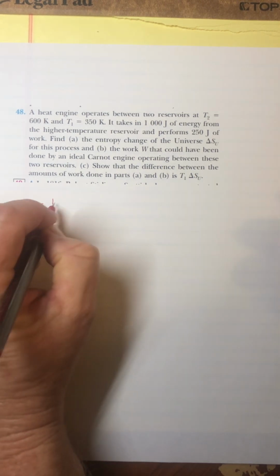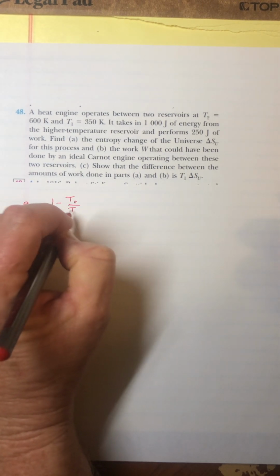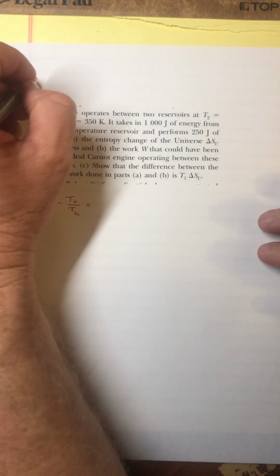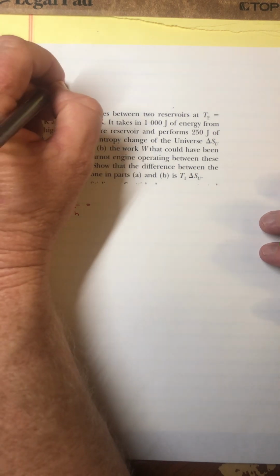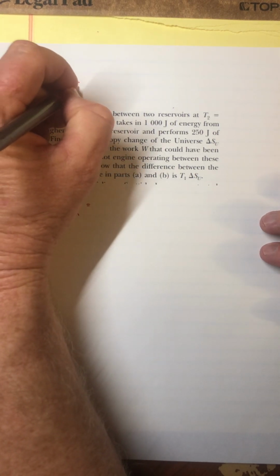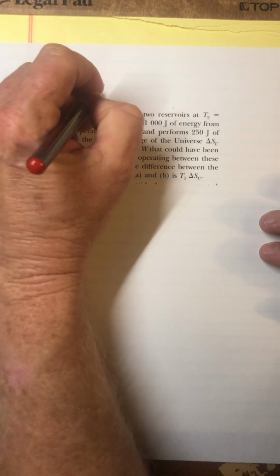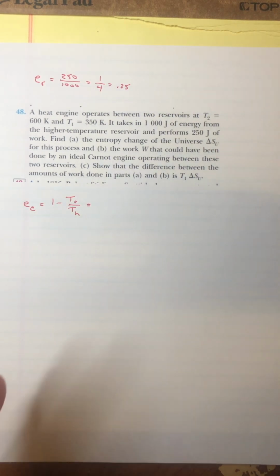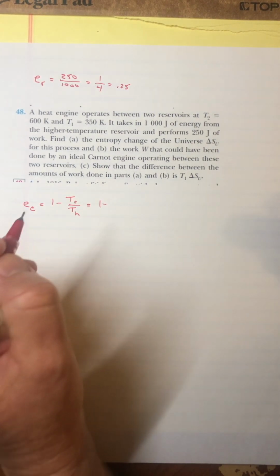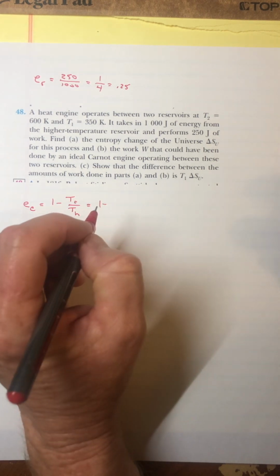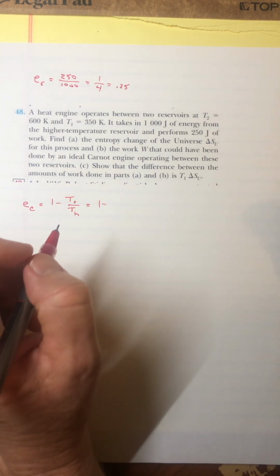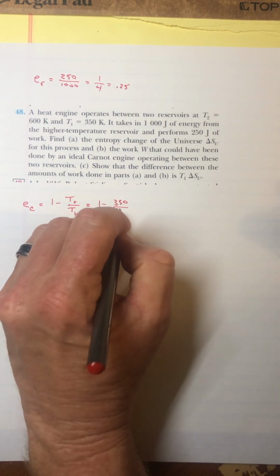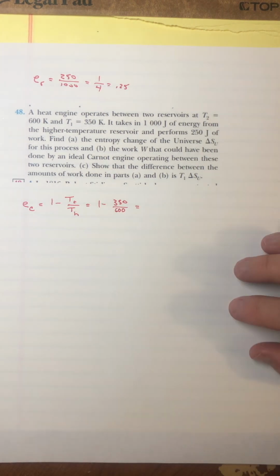So if I just did a quick calculation for what the efficiency could have been, and I'll just say what it really is: 250 out of the 1,000 we put in, and that's a 1/4, 0.25. So this engine's operating at a 1/4 efficiency, but it could be operating at, let's see, the cold temperature is 350 and the high temperature is 600.